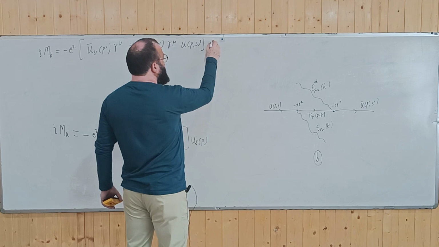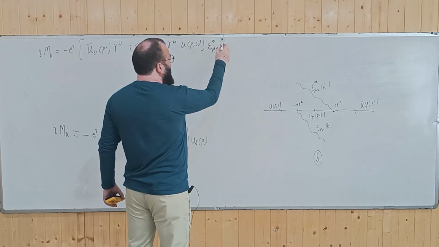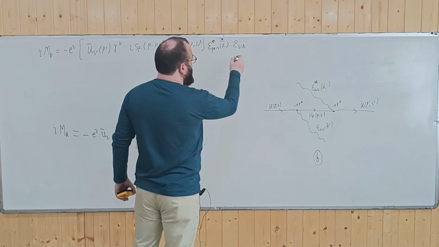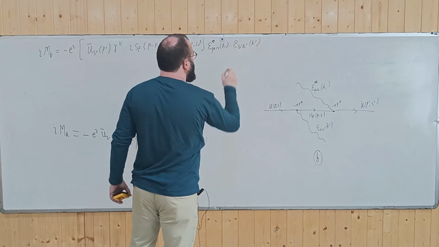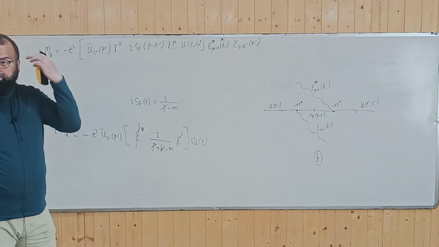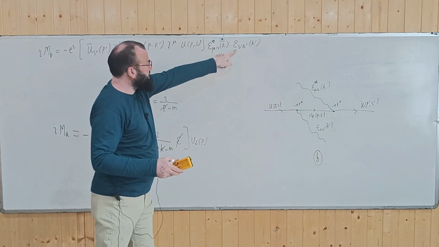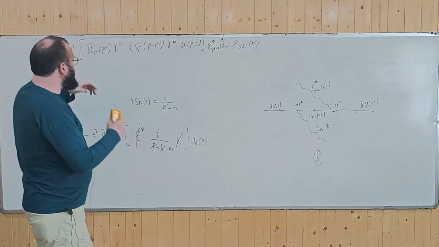So it is epsilon star mu (r, k), then epsilon mu, sorry, r prime. Now you are having gamma nu and this epsilon, so it will be epsilon slash.